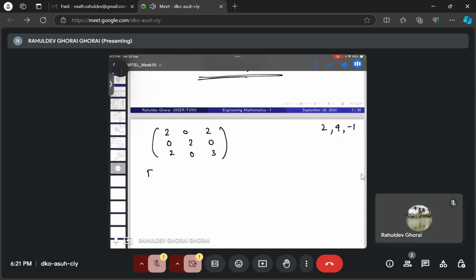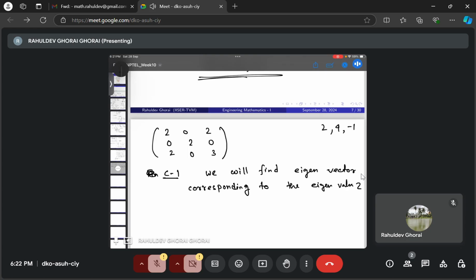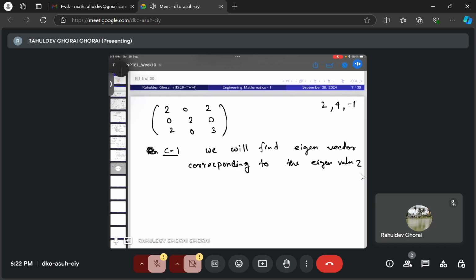So the question is: find the eigenvector corresponding to the eigenvalue 2 of this matrix.